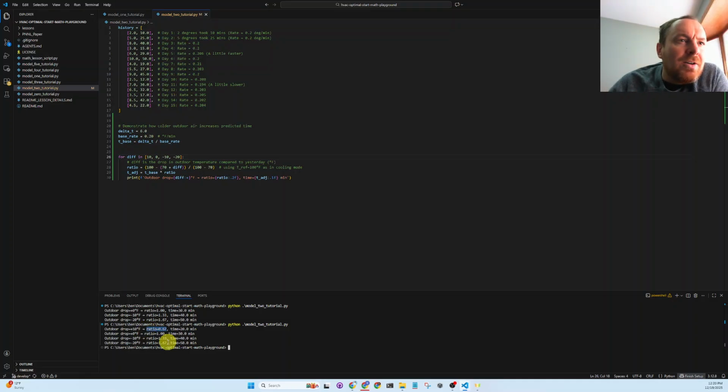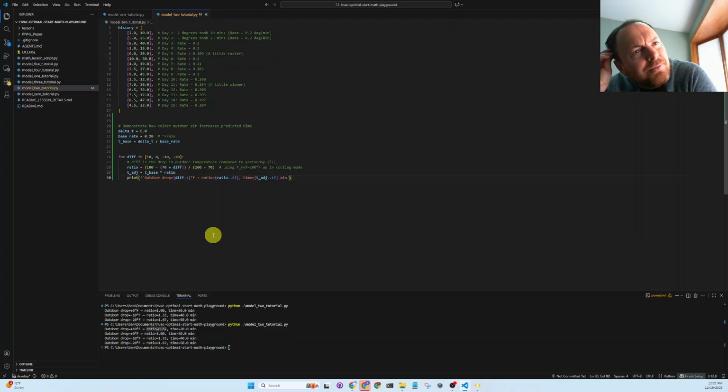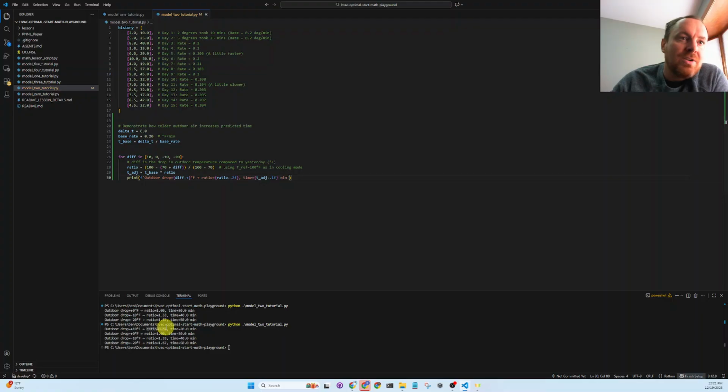I think we'll get into tuning some parameters in here, but if our outside air temperature is warm, we don't need to be cycling the heat on, I guess. If the outside air temperature is warm, a ratio less than 1 would subtract minutes. And if our ratio is greater than 1, we will be adding more minutes to our model, our minute calculation. So that is kind of the nuts and bolts of it.